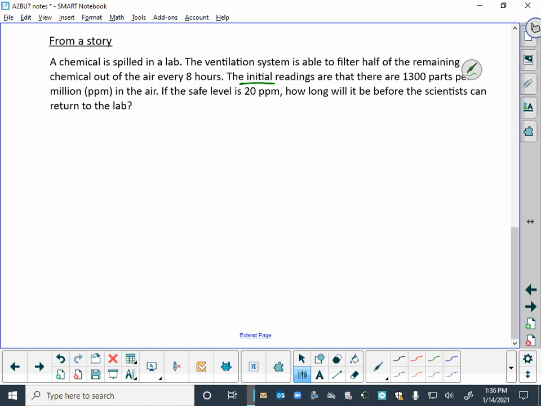All right, so let's see what we've got here. Initial is important. That's our starting value, right? So we got 1,300 parts per million initially. We're able to remove, through the ventilation system, half of that. So after 1 hour, well, after 8 hours, we'd be down to 650, right?